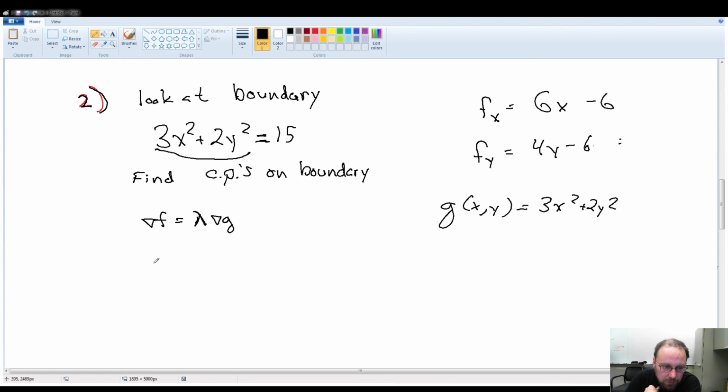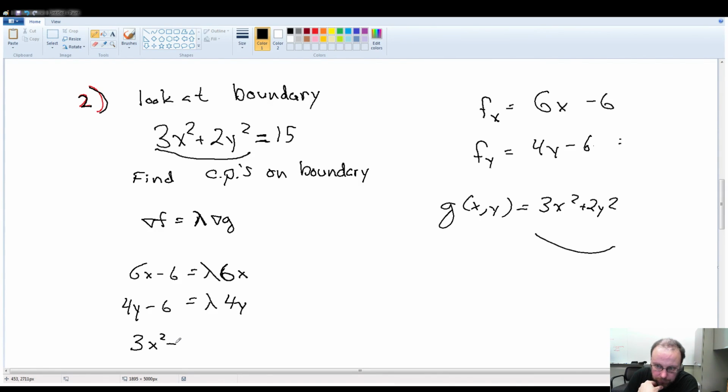So the gradient of f should be equal to a multiple of the gradient of g. So 6x, 4y. Together with the constraint itself, that gives us a system of equations which we would like to solve for x and y.